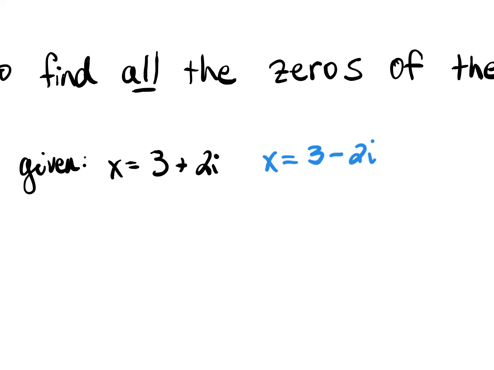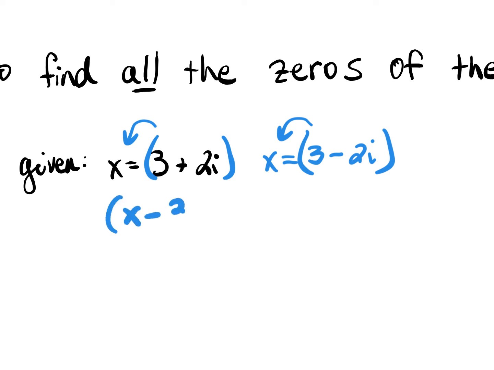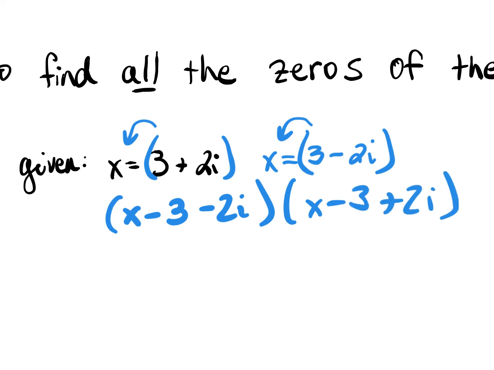So I'm going to take this and this, move it over to the other side to create 2 binomials to figure out what I'm going to divide by. So I have x minus 3 minus 2i. I just distributed the negative. And then I have x minus 3 plus 2i. Again, I just distributed the negative.